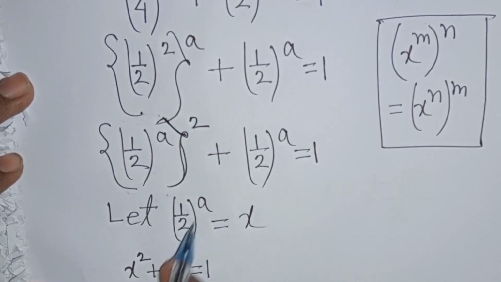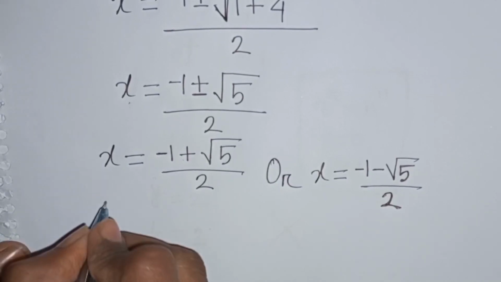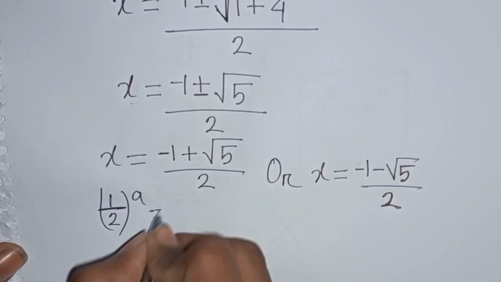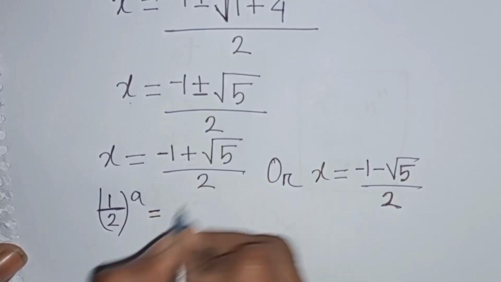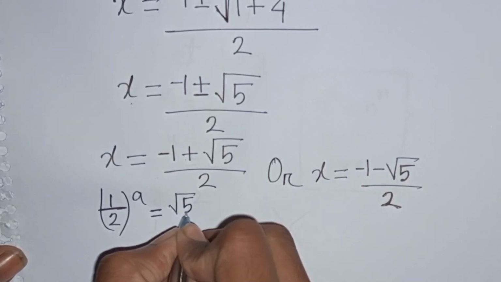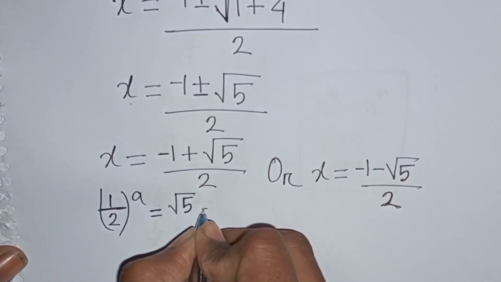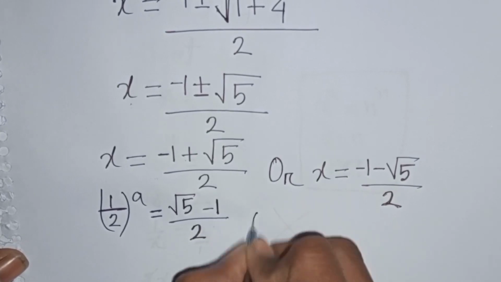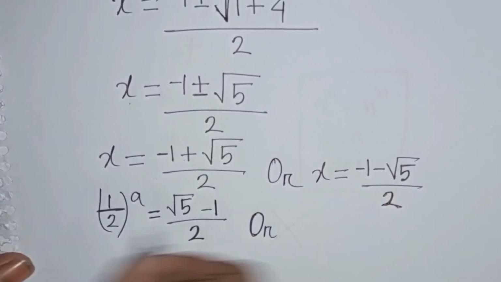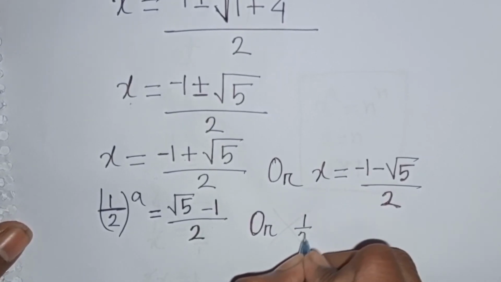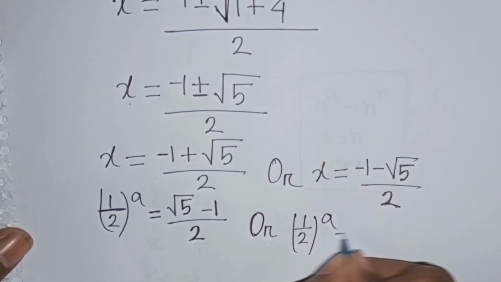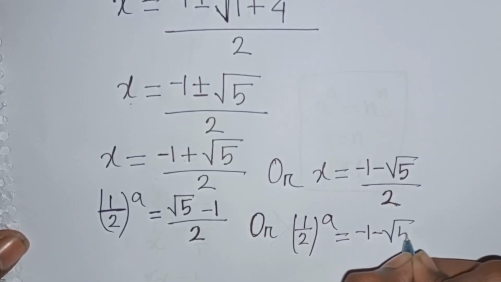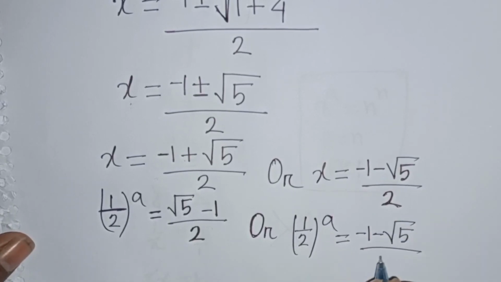So 1 by 2 bracket power a is equal to square root of 5 minus 1 divided by 2, or 1 by 2 bracket power a is equal to minus 1 minus square root of 5 divided by 2.